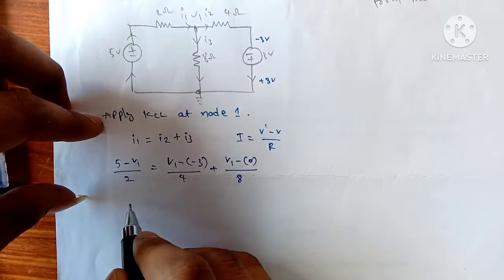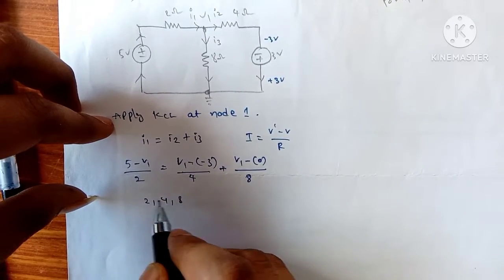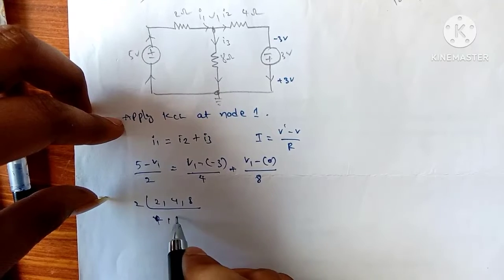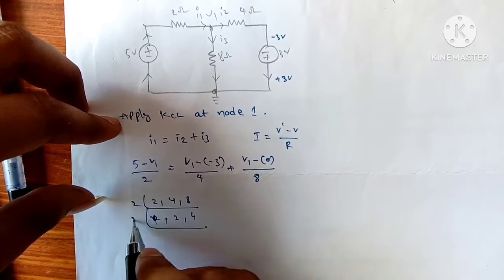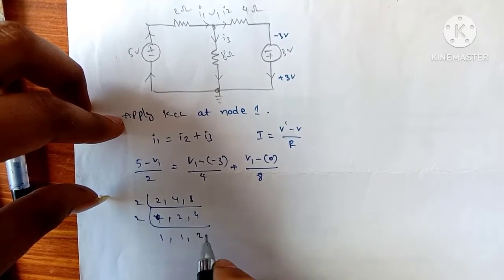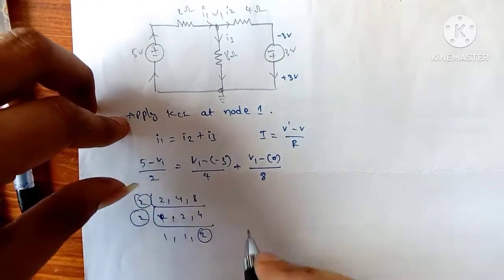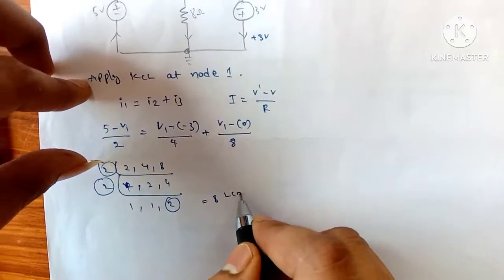If we take the LCM of 2, 4, 8: 2 into 2 into 2 gives 8. So we get 8 as the LCM.